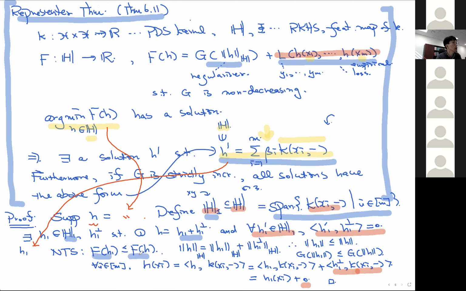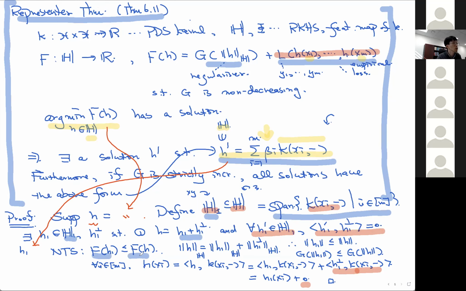And if G is strictly increasing, then we can also show that all solutions must have this form.